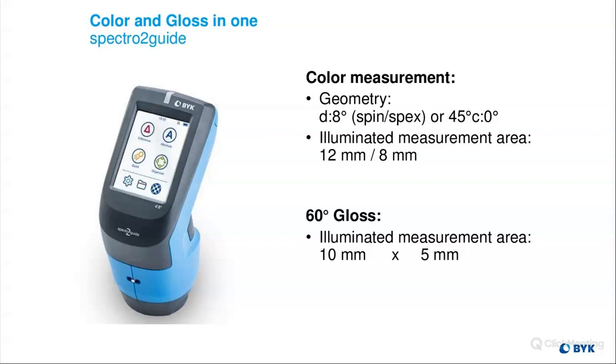Okay, nice. And on the BYK-mac, you talked about the sparkle index and the sparkle angles of those. Can you kind of recap that again? Out of those angles, what are the most important? Let me pull that up real quick.